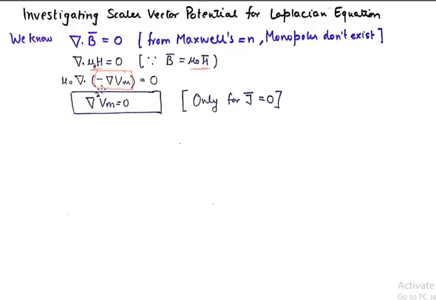So that gives me Laplacian of Vm to be 0. So this is the Laplace equation for Vm, and it only holds true for J equal to 0.